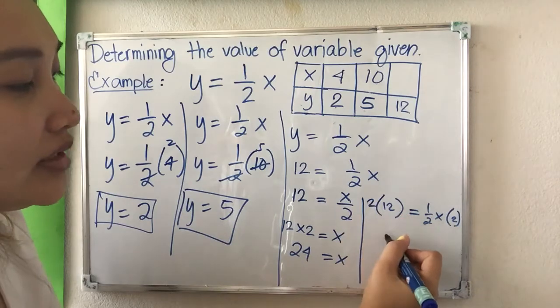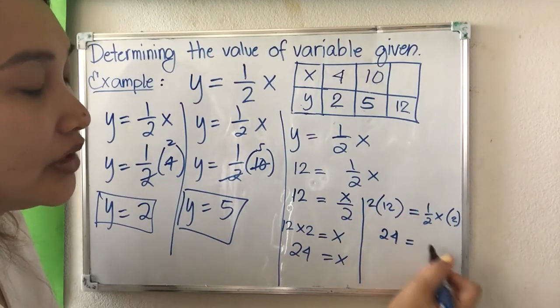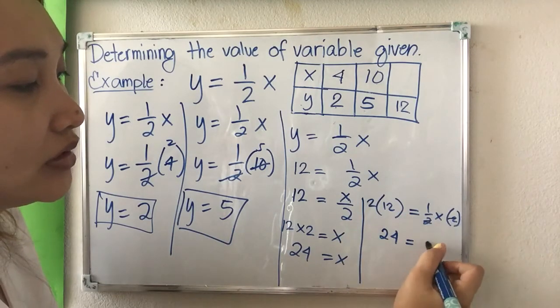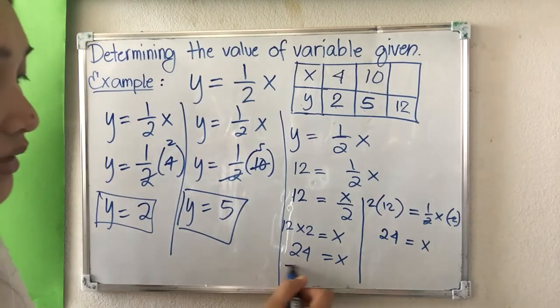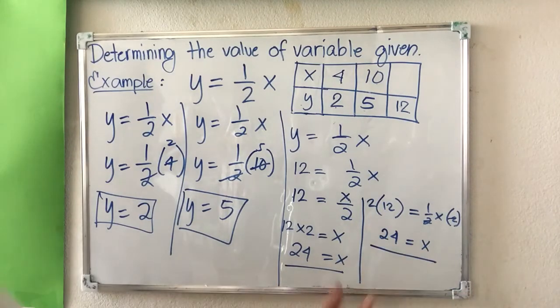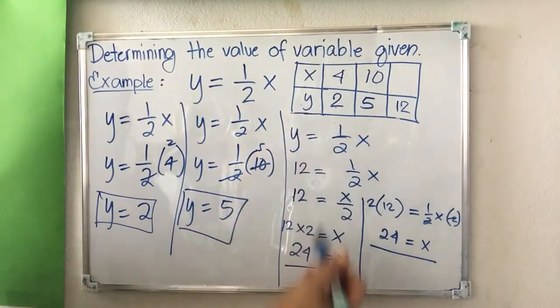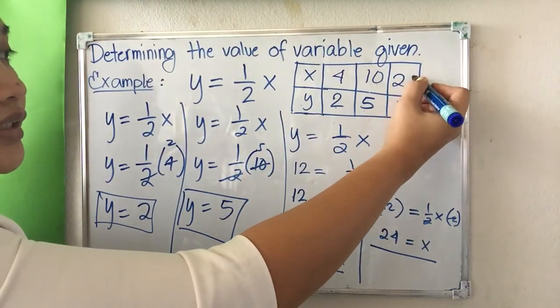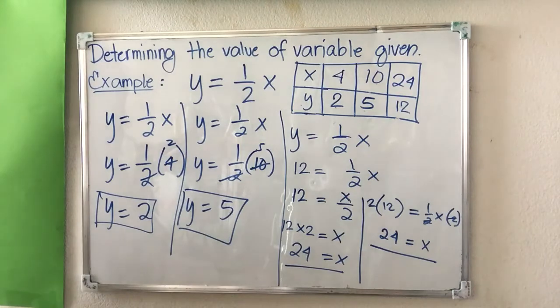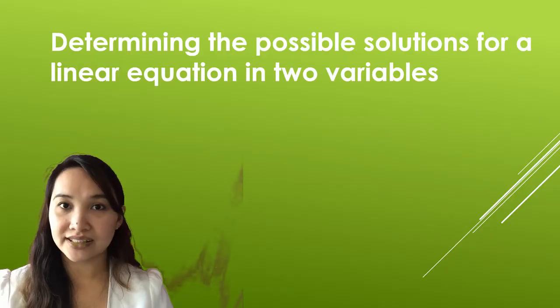The same process, we have 24, that is equal to x. You can use either of the two. Alright, so therefore, if y is equal to 12, then x is equal to 24. Okay, so that's it.